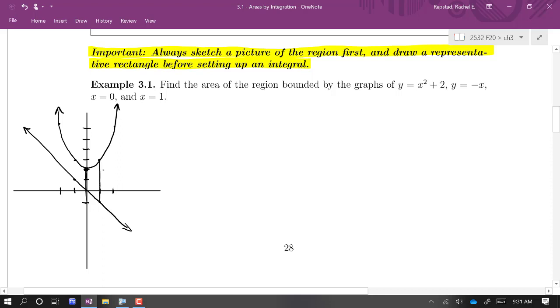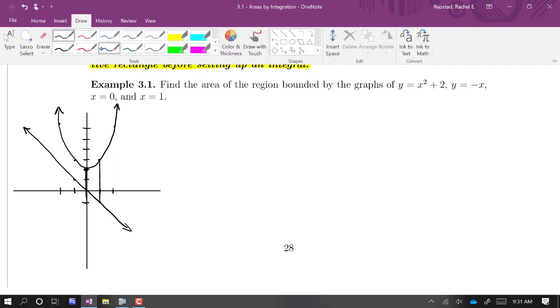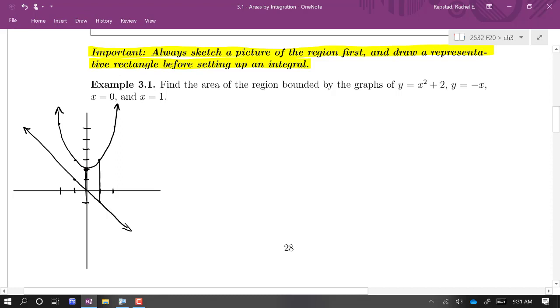Now, when we sketch this, there should be one region that is properly bounded by just the equations they gave us, and there is a region that pops out here. It looks like this. So that's the region.